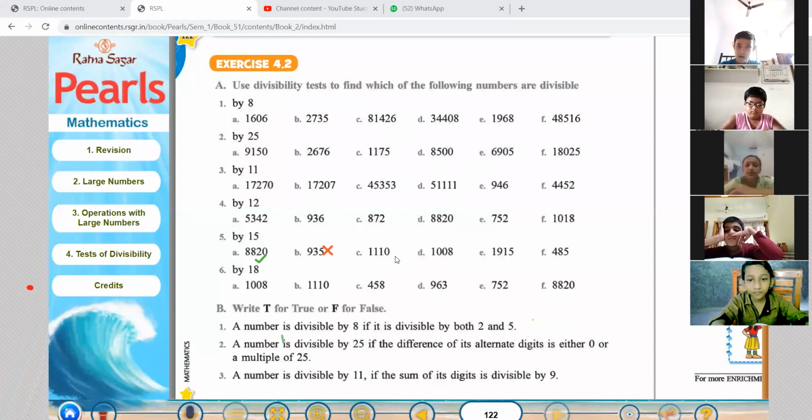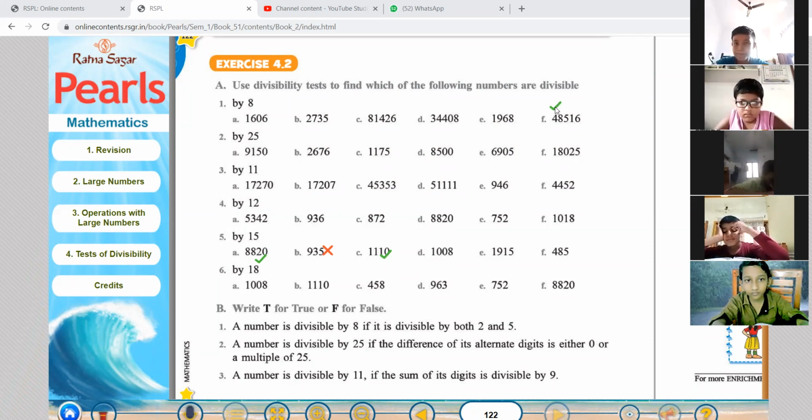And what about the divisibility of 3? 1 plus 1 plus 1 is equal to 3 itself. And we know that 3 is divisible by 3. Yes, it is divisible by both 3 and 5, and hence we can say that the number is divisible by 15.